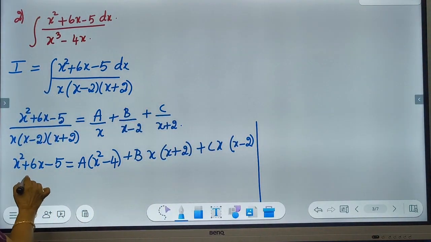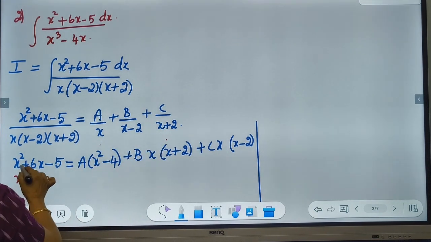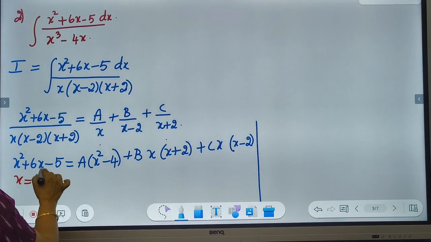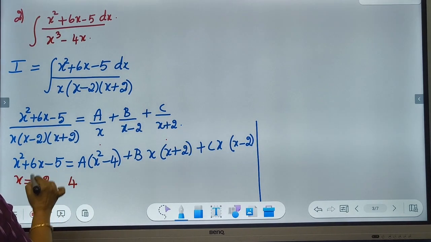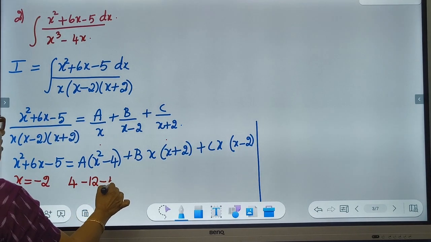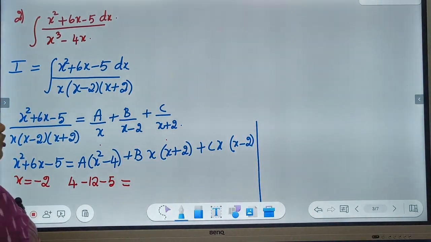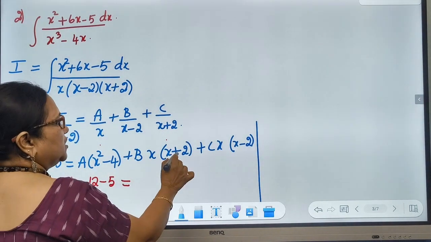So let me first put x equal to minus 2. When you put x equal to minus 2, this becomes 0, this becomes 0. What will be left? Left hand side minus 2 square, which is 4, 6 into minus 2 is minus 12, minus 5 is equal to, when I put x equal to minus 2, this term gets 0 and this term gets 0.